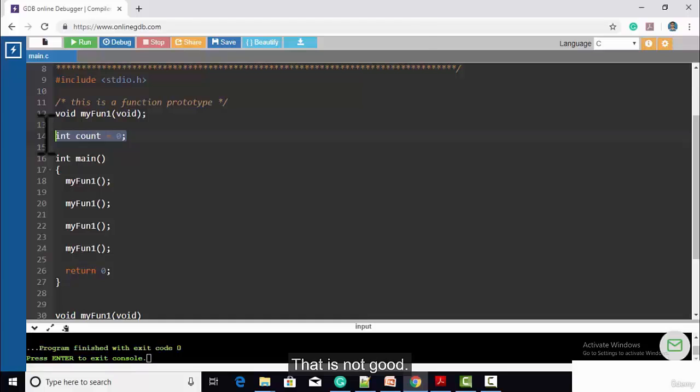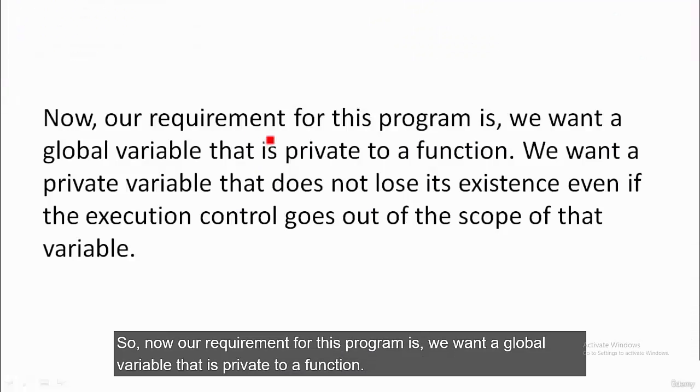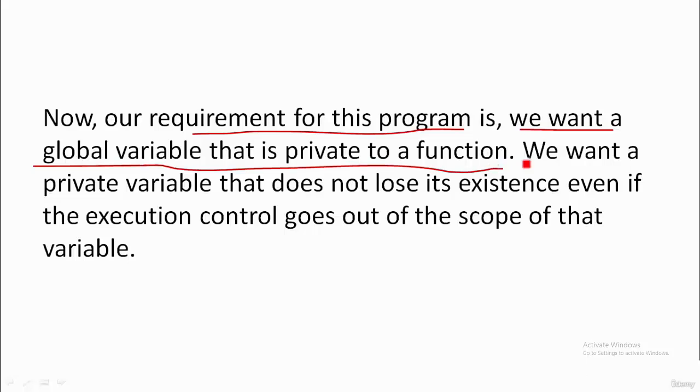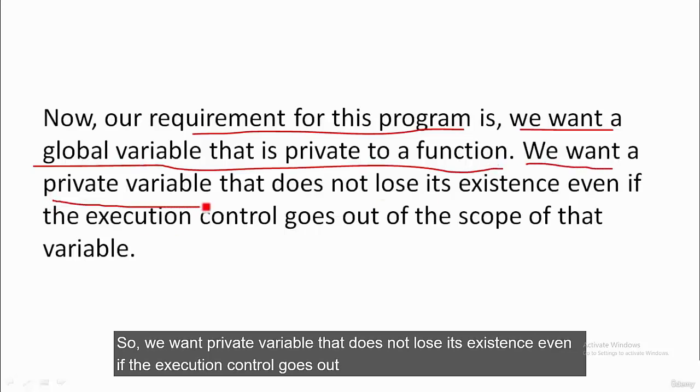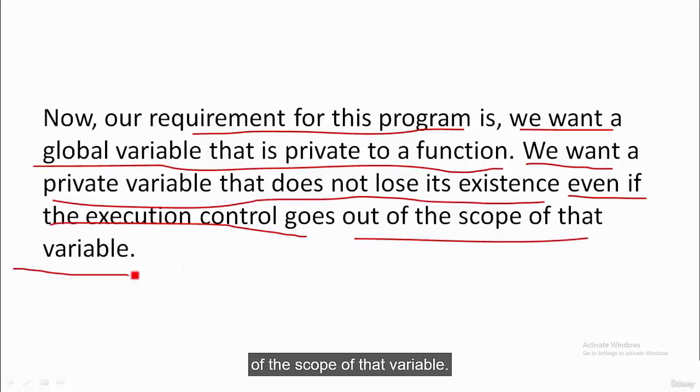That is not good. So now our requirement for this program is that we want a global variable that is private to a function. We want a private variable that does not lose its existence even if the execution control goes out of the scope of that variable.